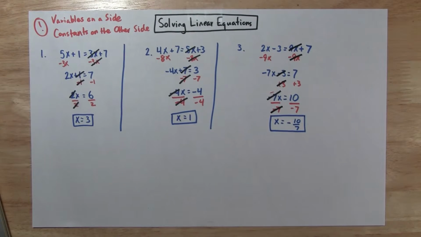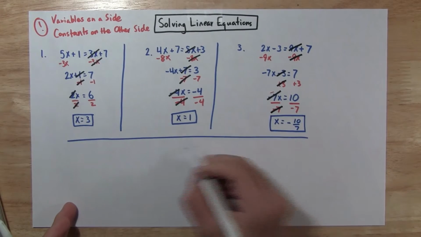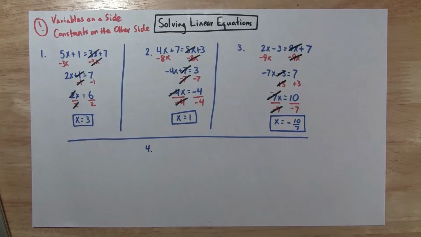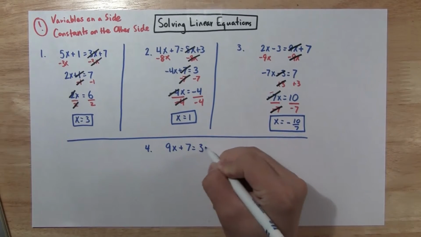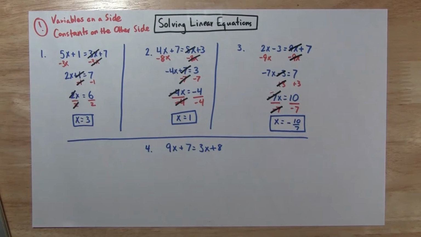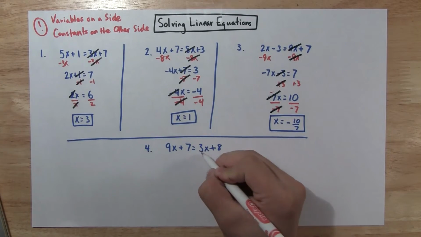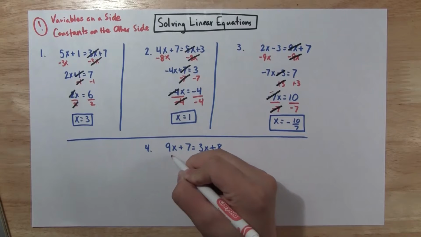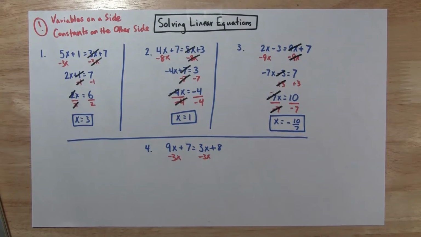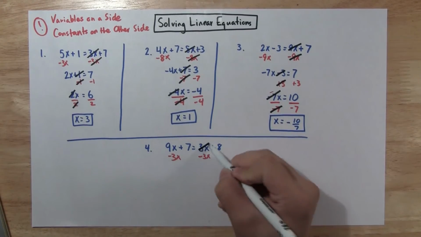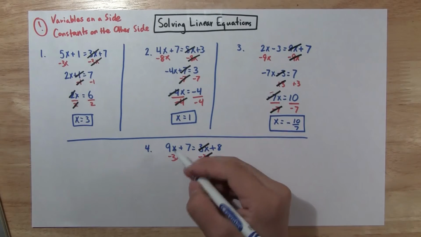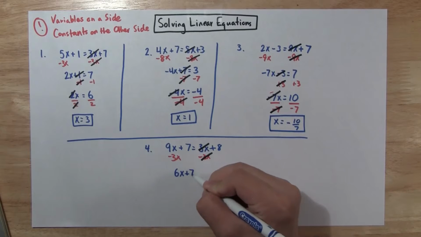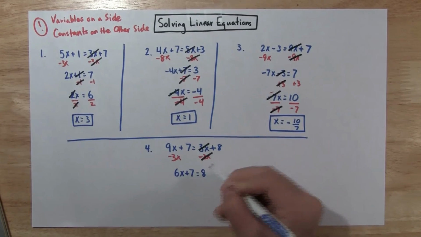Let's try out a final linear equation example problem. Let's say you have a question like 9x plus 7 equals 3x plus 8. Let's again get this 3x over here by subtracting 3x from both sides. The 3x and the negative 3x cancel out. You're left with 9x minus 3x, which is 6x plus 7 equals 8.